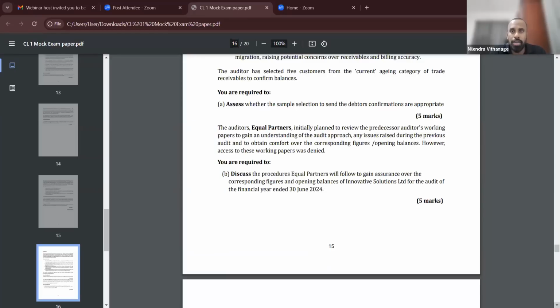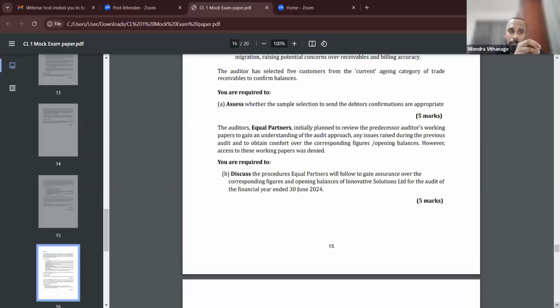If the predecessor auditor refuses like here, ask them what the reason is. If the predecessor auditor is not providing it, students, you can't stop from there. Then what?